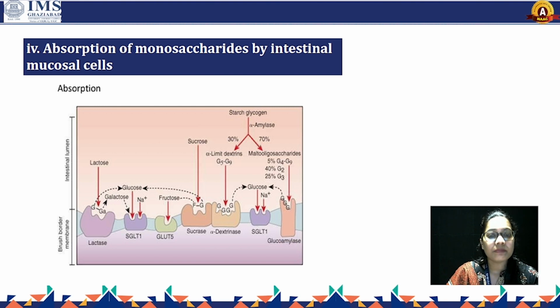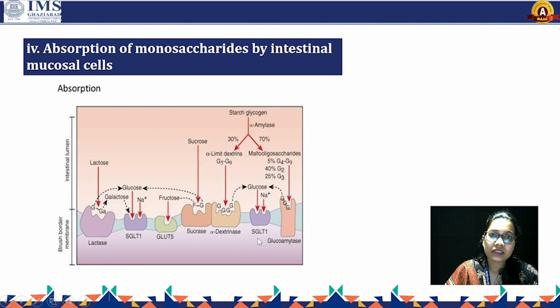These are the simplest forms, the glucose units. To carry these glucose units, you can see here, this is a glucoamylase enzyme. It will receive this glucose unit, and there are transporters present.